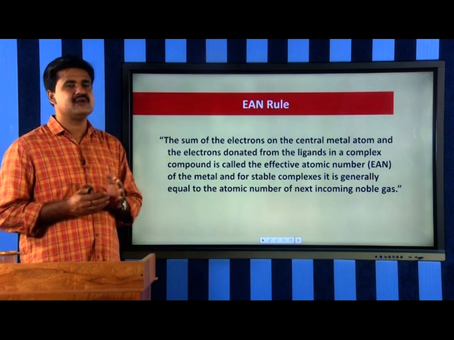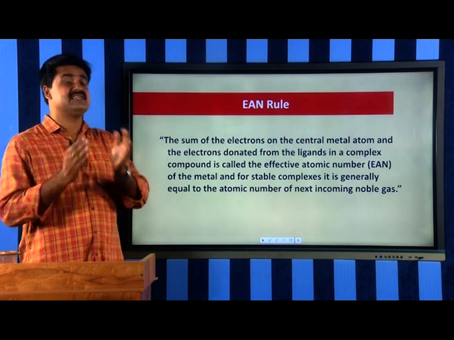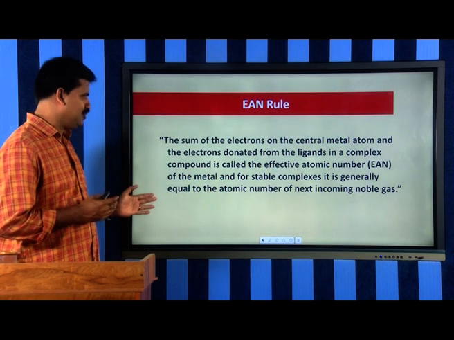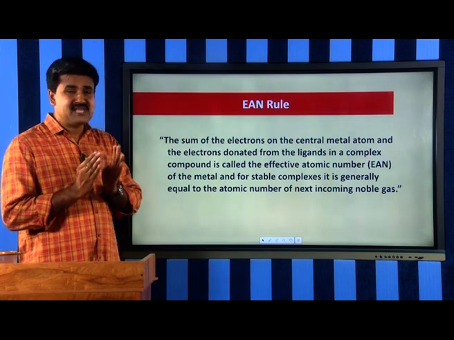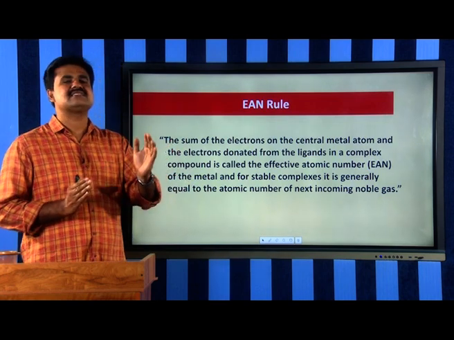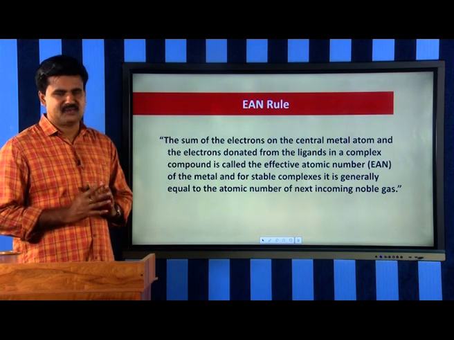So the EAN rule is not limited to organometallic compounds or carbonyls, it is applicable to every coordination complex also. Now, the EAN rule states that the EAN must be equal to the atomic number of the next nearby noble gas.